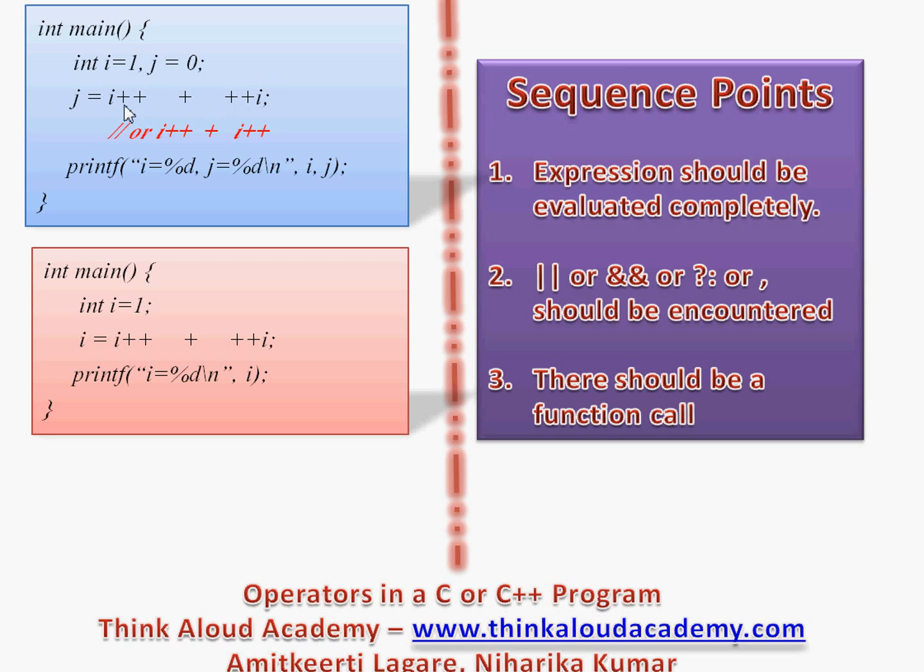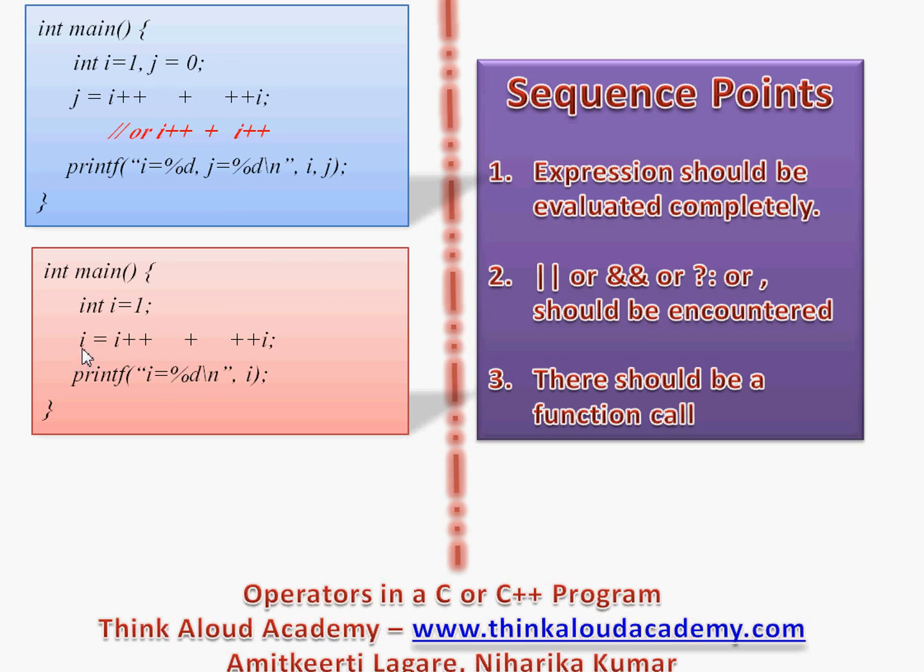But the operation i plus plus is not complete till the semicolon, so I should not be accessing i again till I reach a semicolon. But here I am accessing i again, which effectively means I am trying to access the value of i before reaching the sequence point, because the expression is not complete. I have hit a plus operator, not one of these operators, and there is no function call here. So accessing i at this point leads to an indeterminate value.